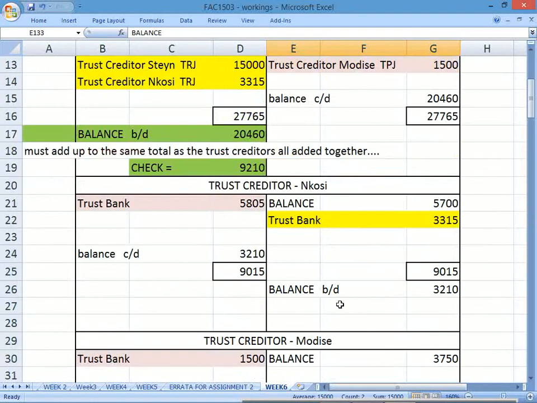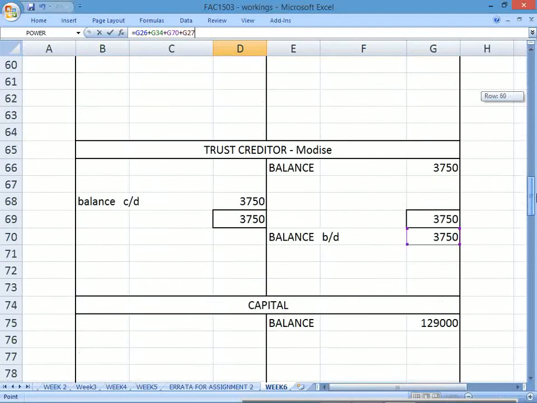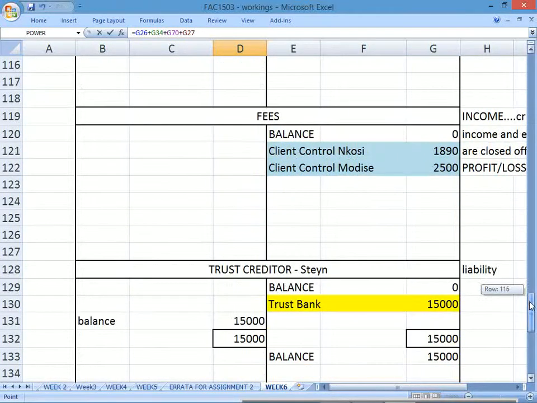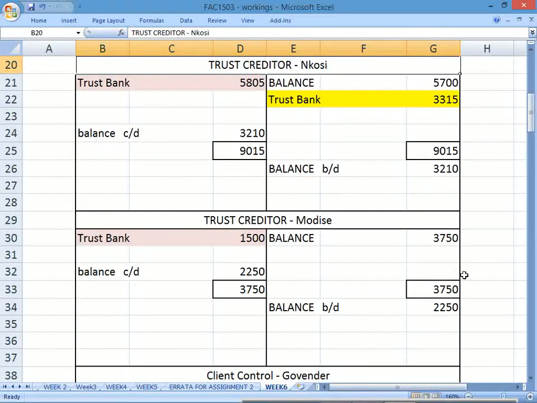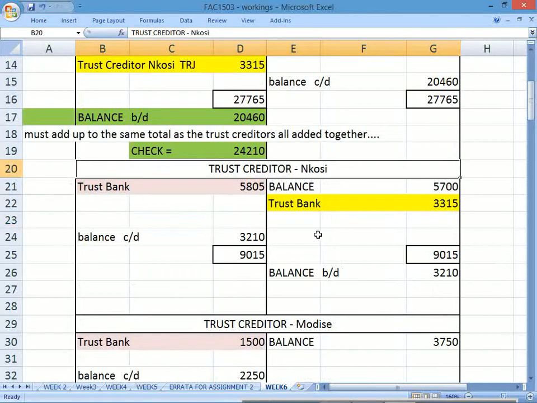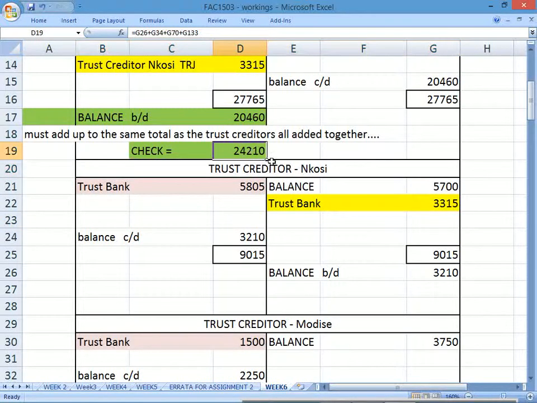So 15, let's add 15 to this. Plus 15. What, did I add too many? Let's see. 3,210, yes, that's one.